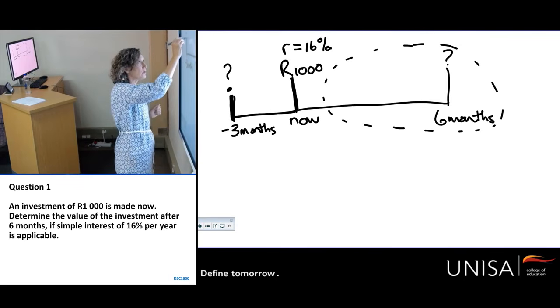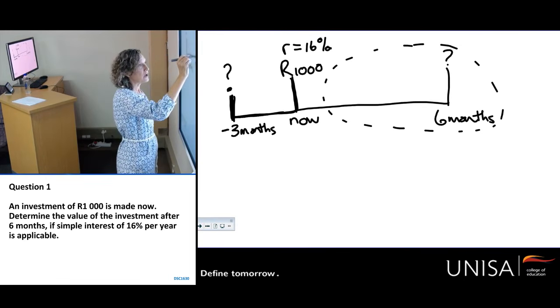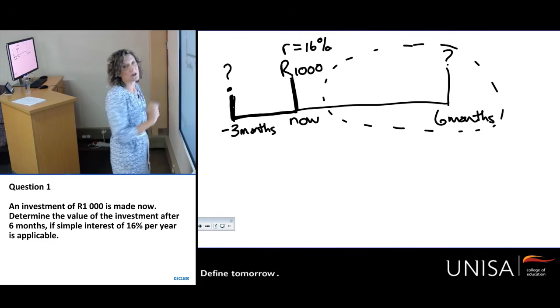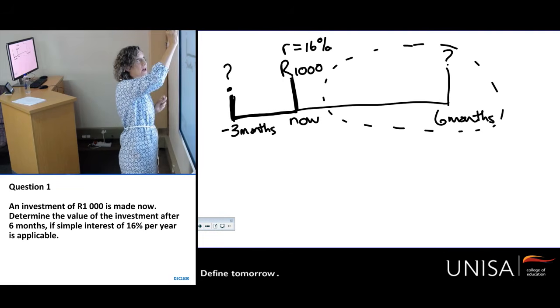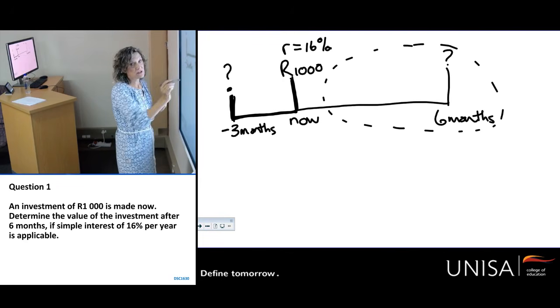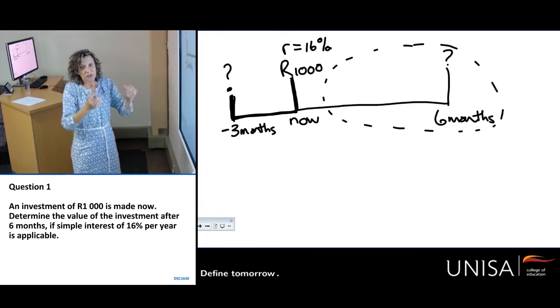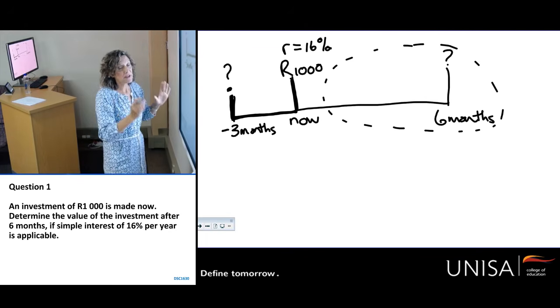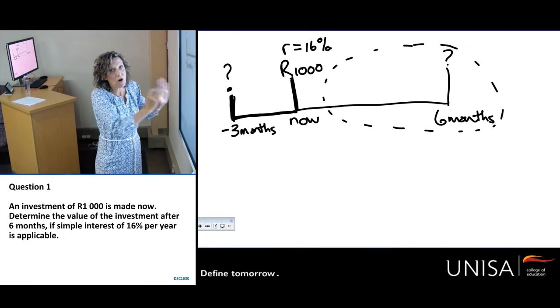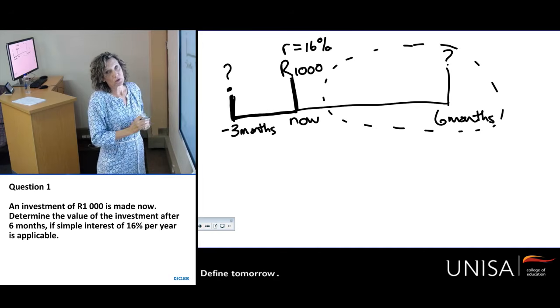I'm working with that piece of the timeline. So the 1,000 Rand and this value here at 3 months, which value is now P and which is S, meaning present value and future value? That depends on what part of our timeline we're working with.